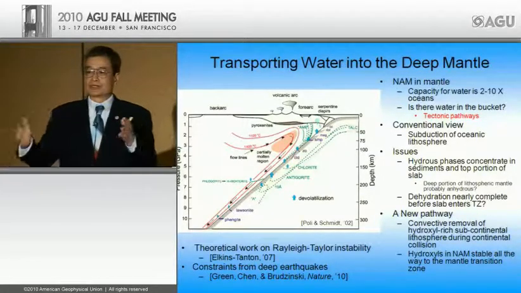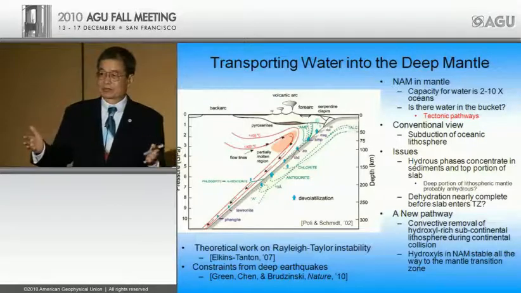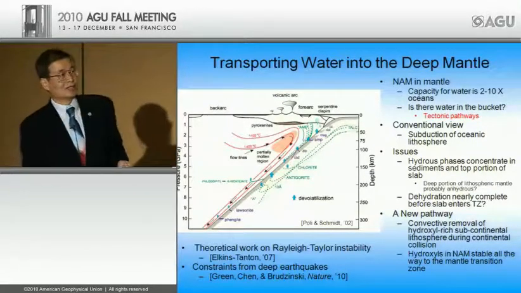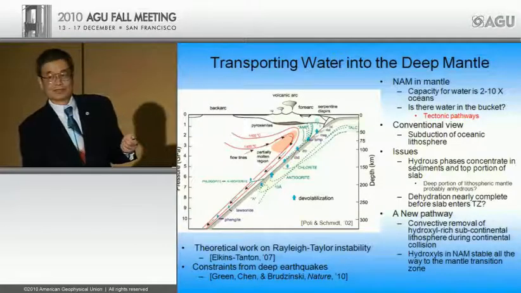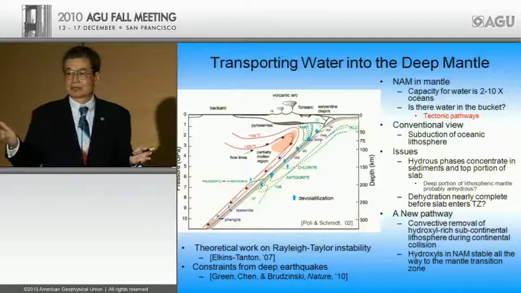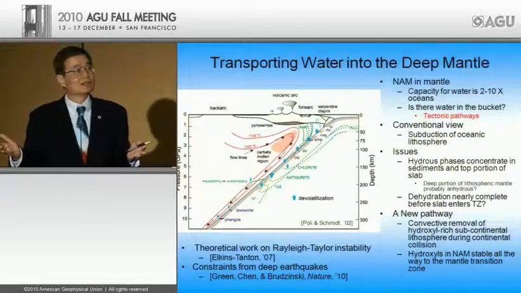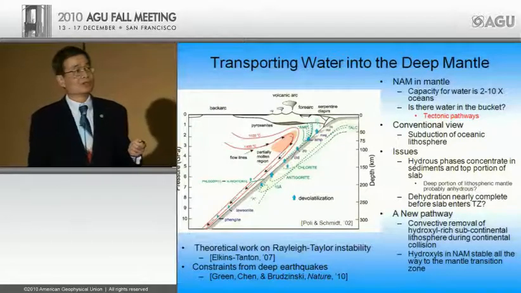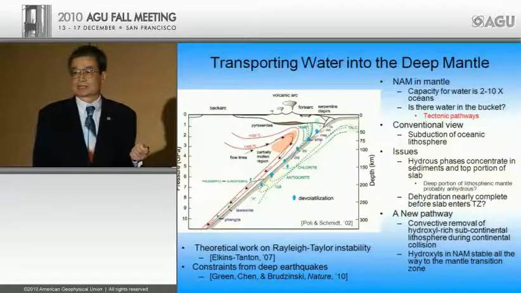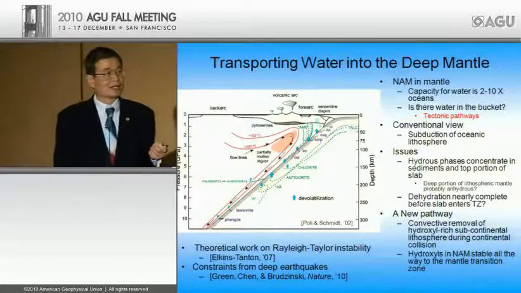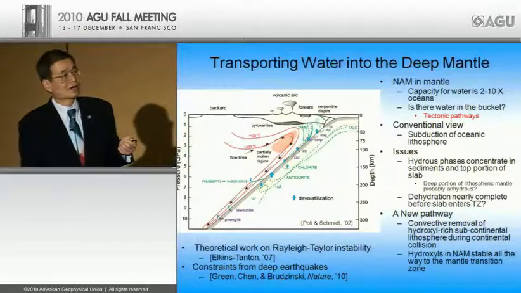In order to bring water into the bucket, it has to come from somewhere, either from above or from below. The conventional view is perhaps the obvious one, that this tectonic pathway is subduction. There is a lot of water coming down with the subducting slab. Well, most of it is near the top of the slab. We don't know quite well how deep the hydration goes.